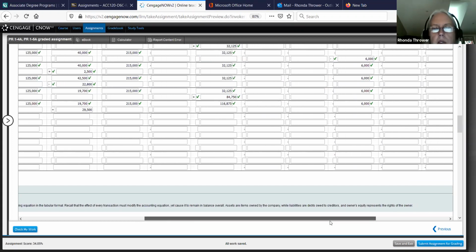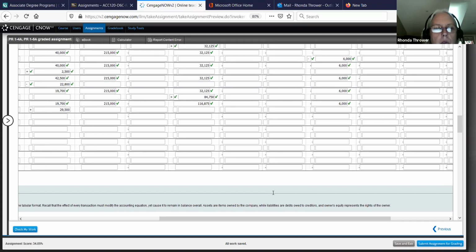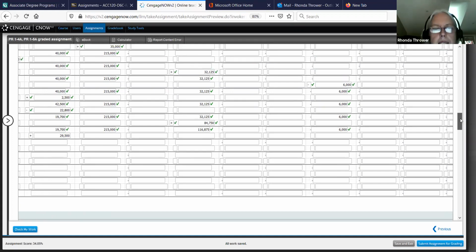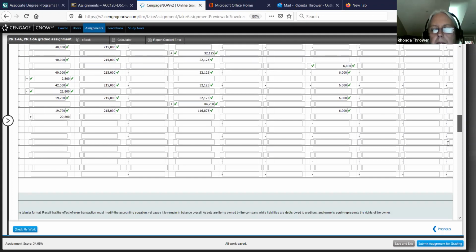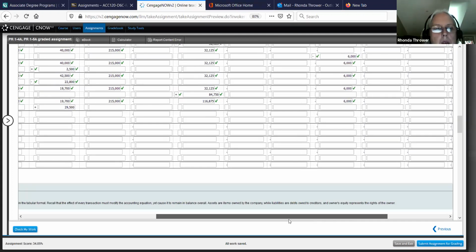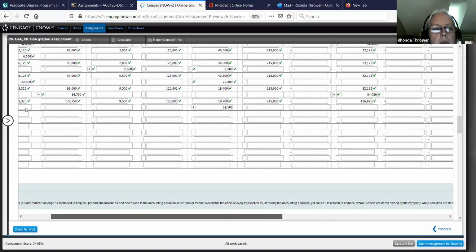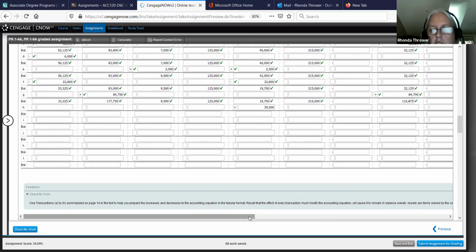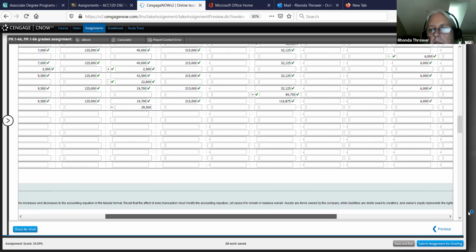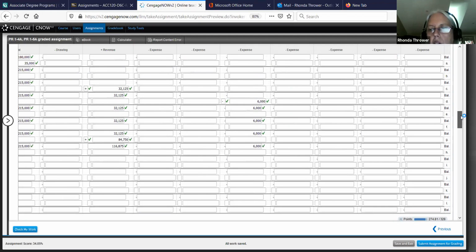It's $29,500 was the amount. And it needs to go in the dry cleaning expense. And that happened on transaction H. So I'm going to go to H and I'm going to look for my dry cleaning expense.